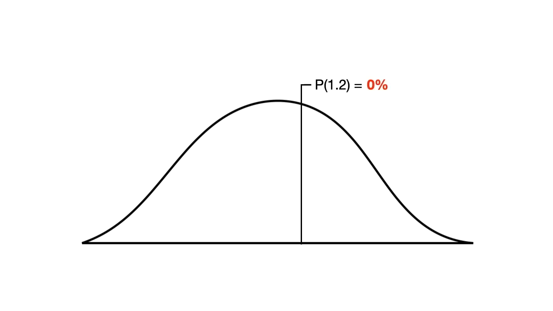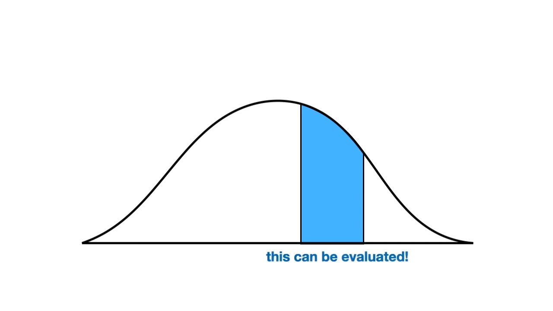Here, at x equals 1.2, the probability of that exact value, 1.200000000 ad infinitum, is nothing at all. The same for 1.2001 or any other value on the range. But over a given interval, we can evaluate the probability of observing any value within it. And that ends up just being the area under this curve, or the integral of our probability function.